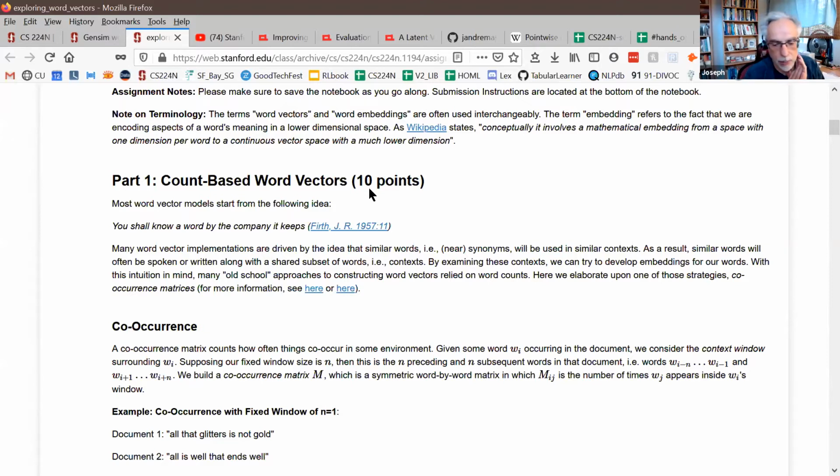So if you had a word-document matrix, you'd have a very long list of rows, because each row would be for one of the words in your dictionary. Your dictionary might have tens of thousands of words in it.